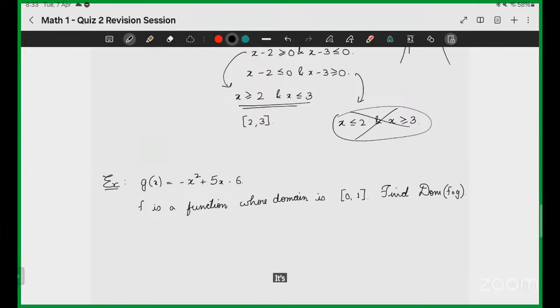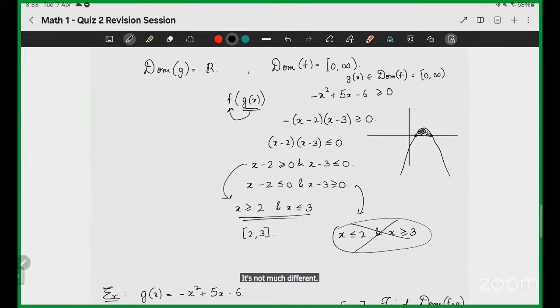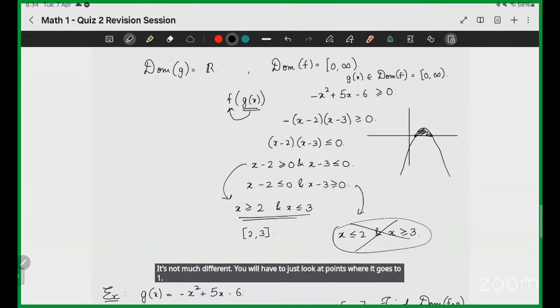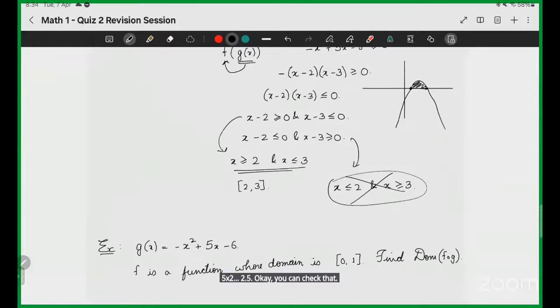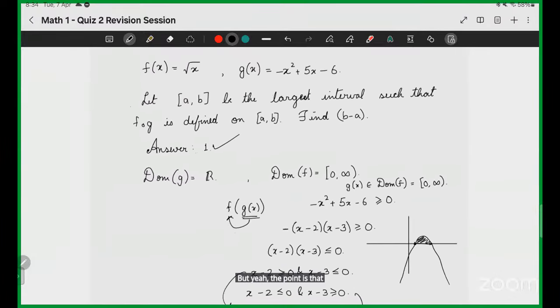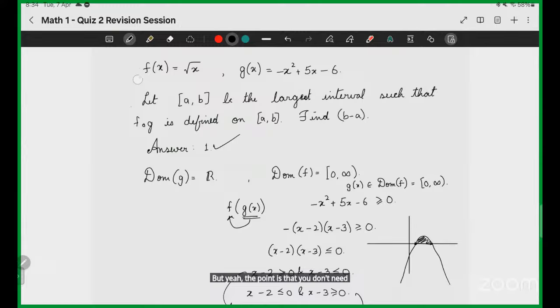It's not much different. You'll have to just look at points where it goes to 1. What's the maximum value of this? 5 by 2, 2.5. Okay, you can check that. But the point is that you don't need the explicit expression for the function.